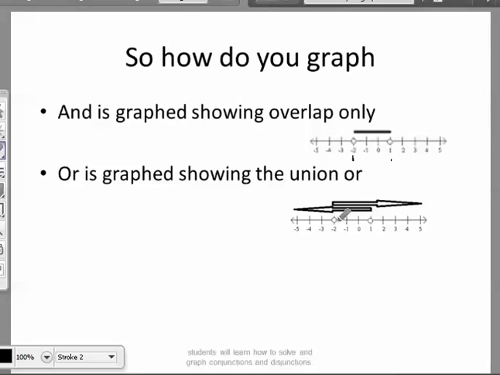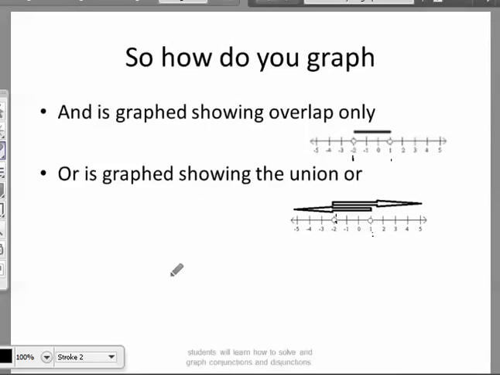So you would have x is less than negative 1 going that way, and x is greater than negative 2 going that way, and it would be a union of the two things. So that's typically what the two graphs will look like, okay? Just in general. One will be the intersection between the two, and the other one will be the union of the two, and it'll show up like that.